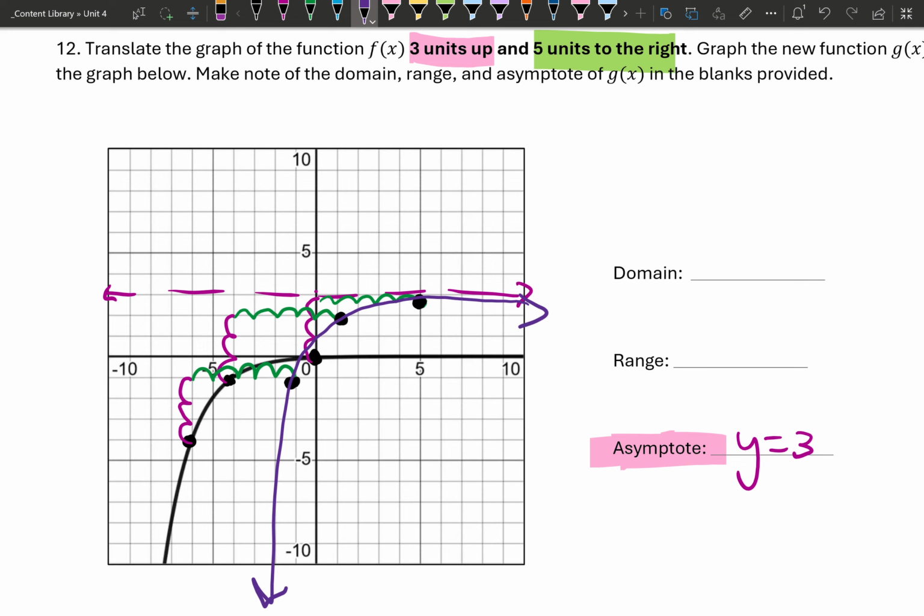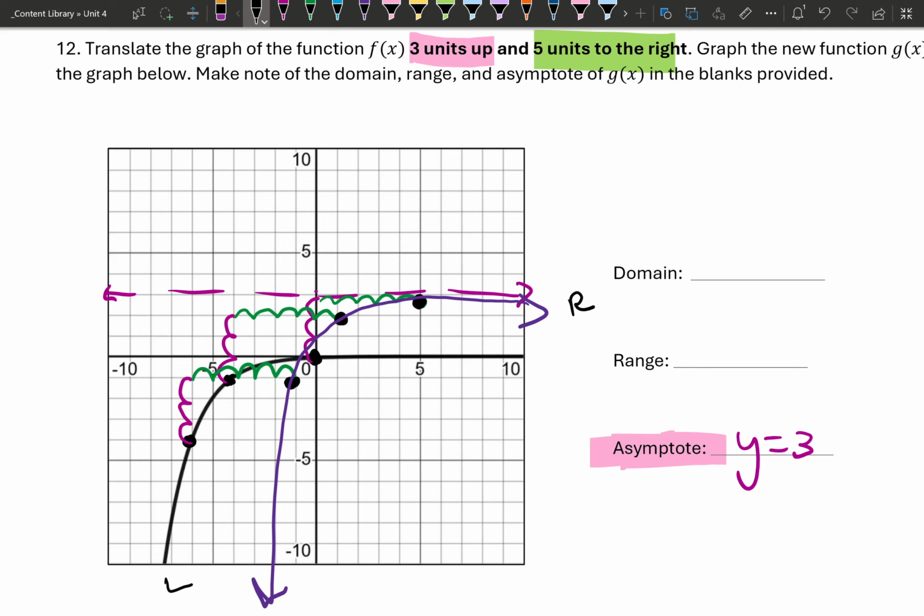Okay, domain and range. Domain is our x's. Our x's go from right to left. In this case, I can have any x I want. I can plug in any positive number and any negative number, and that'll be okay. I know this because I have an arrow over here pointing to the right, and this one pointing to the left.